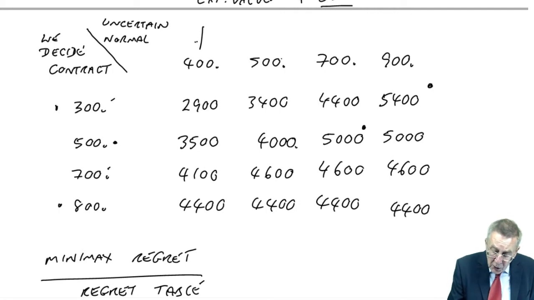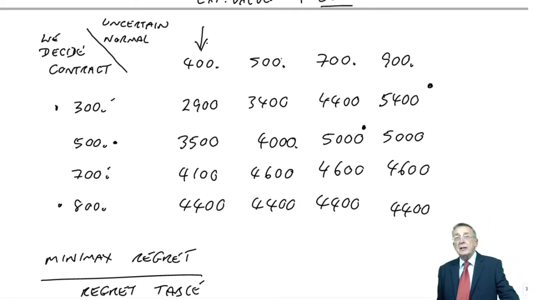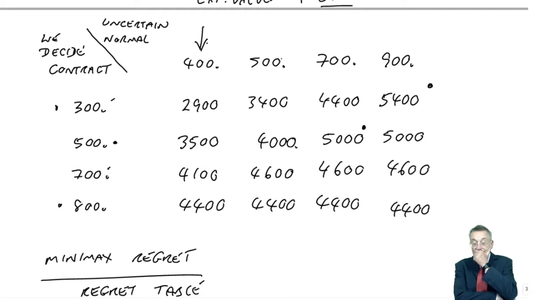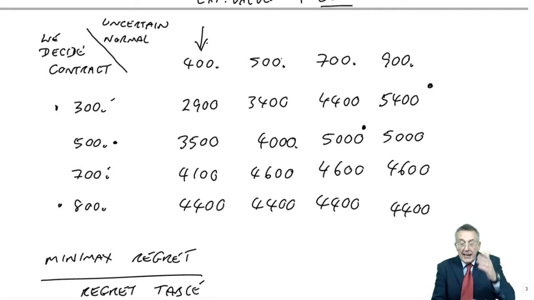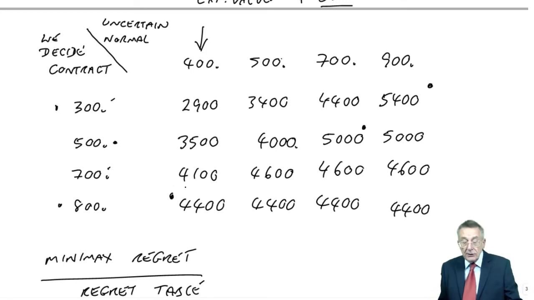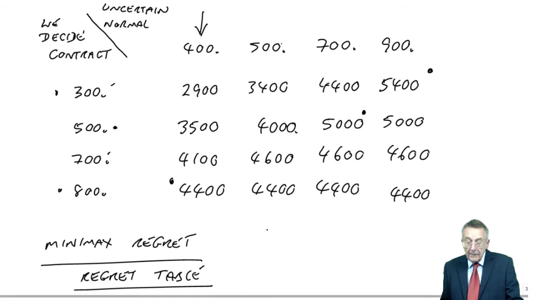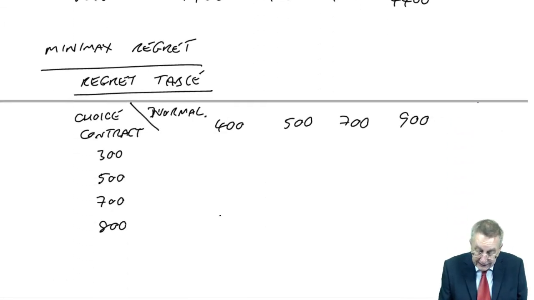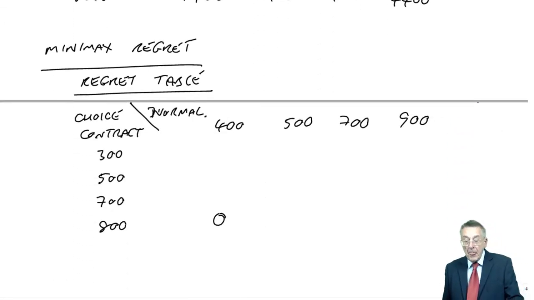First of all, suppose it turns out to be 400. If it does turn out to be 400, what would have been the best decision? Clearly, the best choice would have been to contract for 800. So if we had contracted for 800, we've got the best possible result for that level of demand. And we've lost nothing. We've no regret.